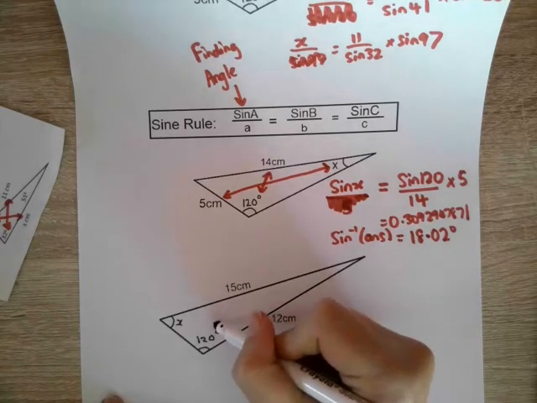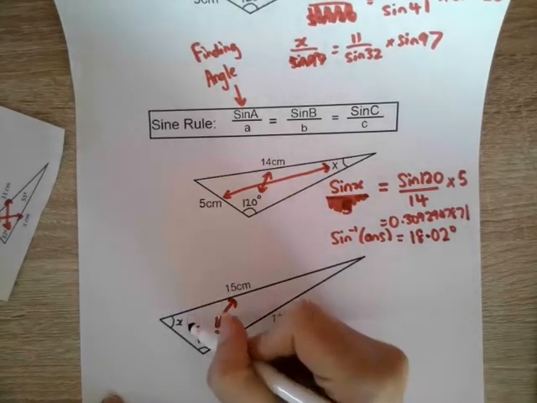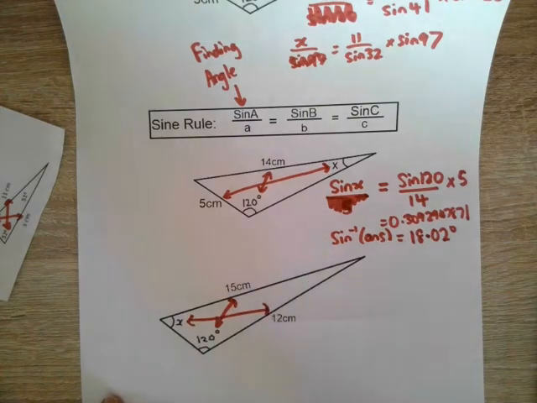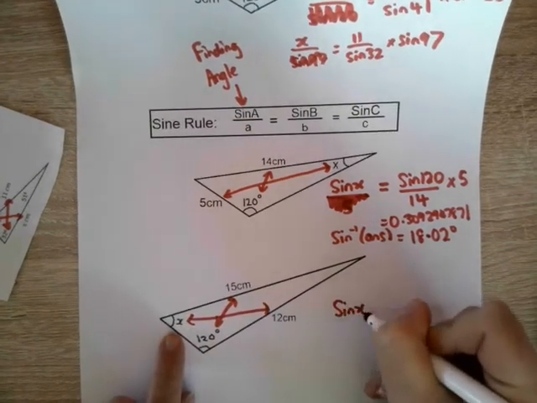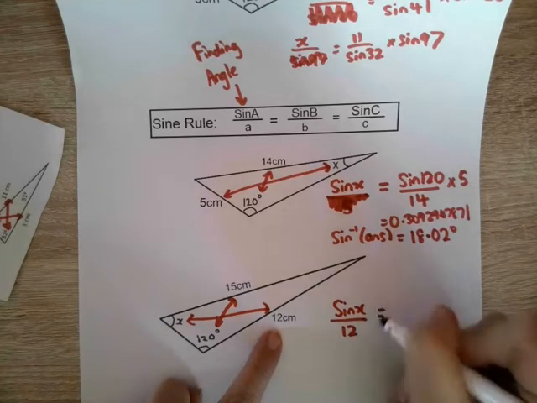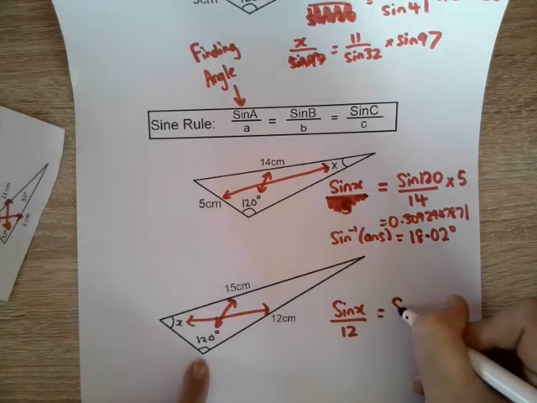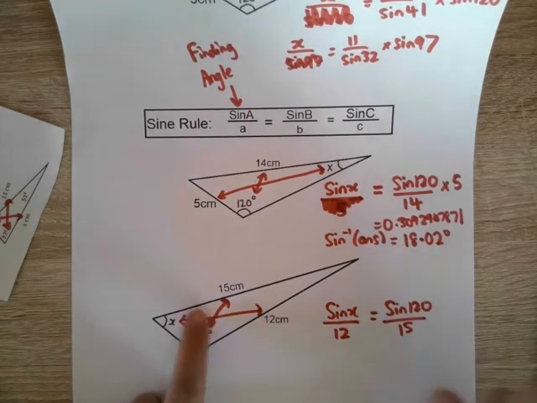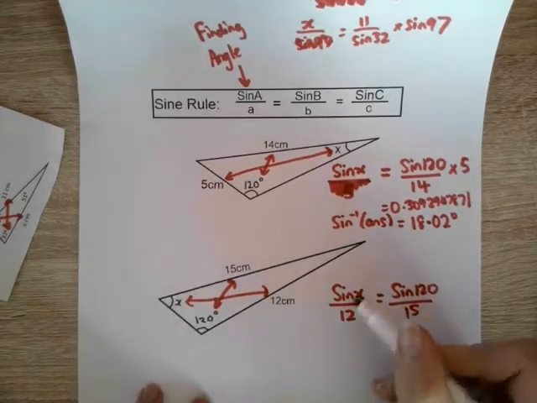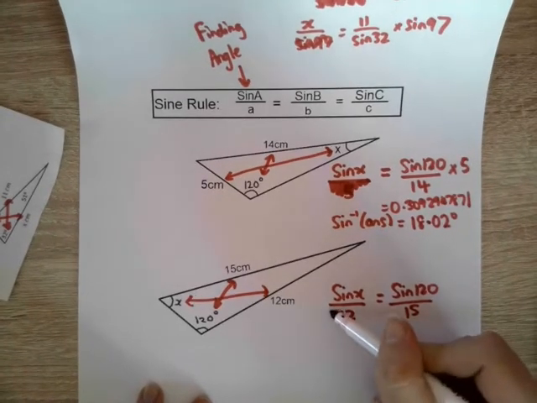So this one, 15 and 120 are opposite. These are opposite. Again, if I start with the x, sine x over 12 equals sine 120 over 15. To work out what sine x is, I need to get rid of this divide by 12, so times by 12.